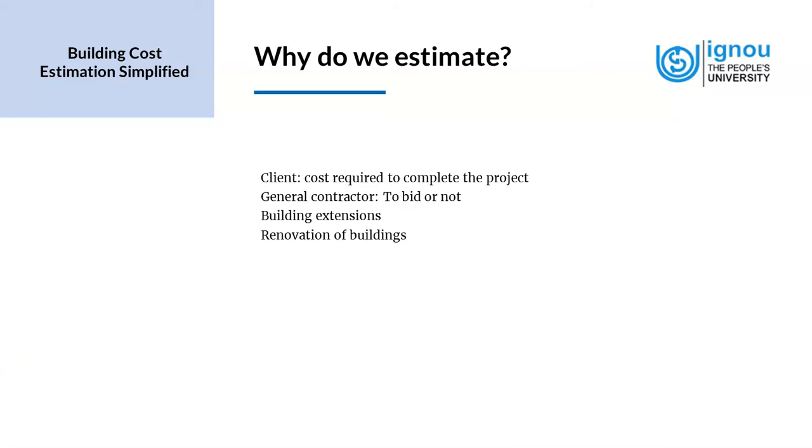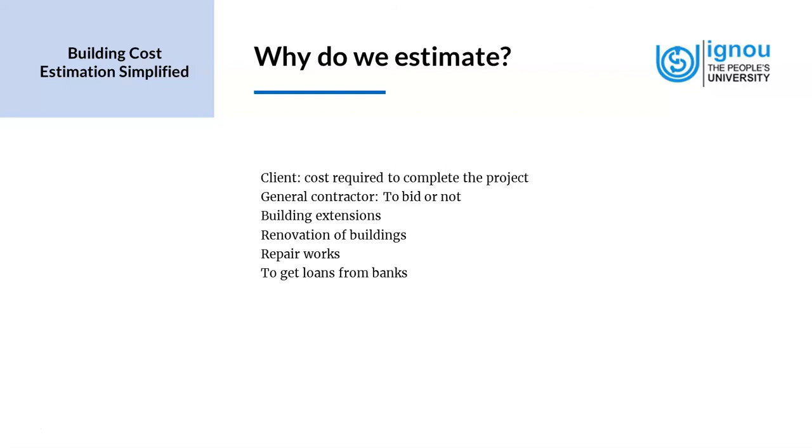Renovation of buildings, where we might have to replace old materials or use a more relevant structural system, more sturdy structural system. And for such purpose also we need to estimate. We also need to estimate repair works, especially if it is of a large scale. And this gives the idea of how much the cost involved would be.